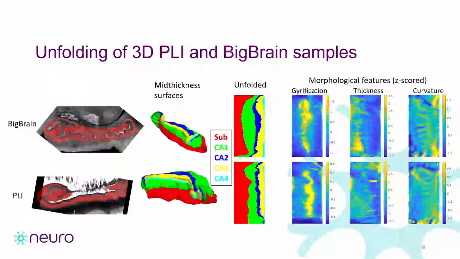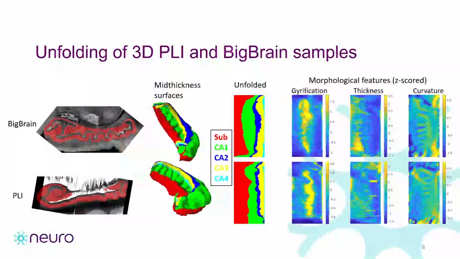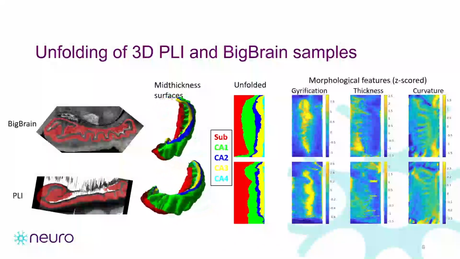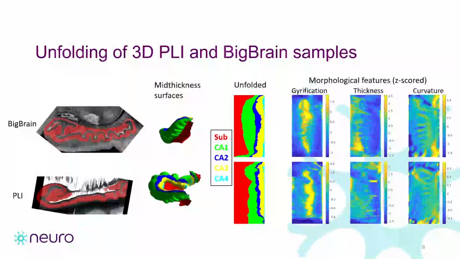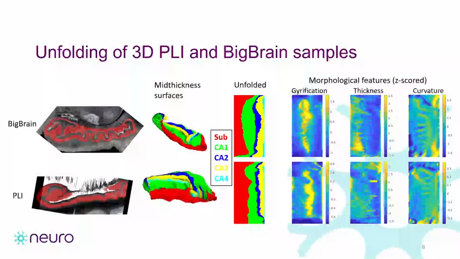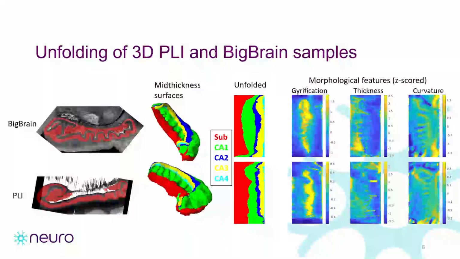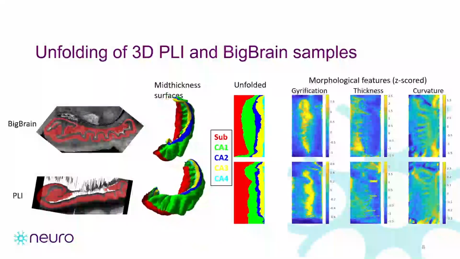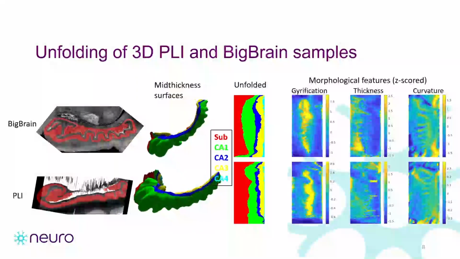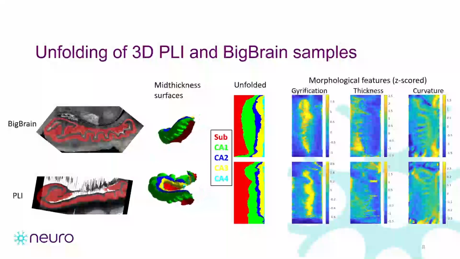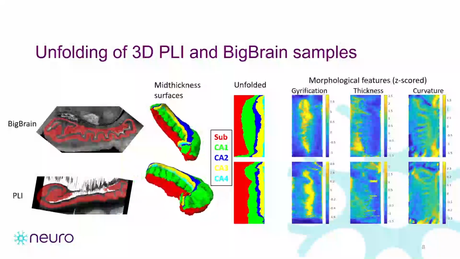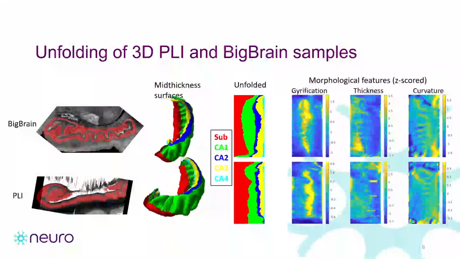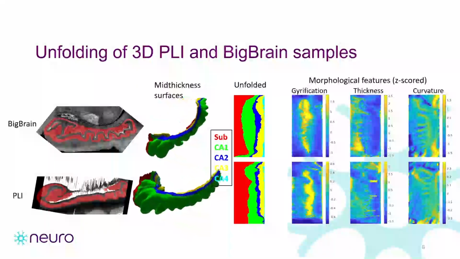I was wondering, what are the implications of the chosen canonical form, which is a rectangle here? Or did you try ellipsoids and so forth to unfold? Yes, you can actually create a shape that would minimize the amount of stretching between folded and unfolded space.